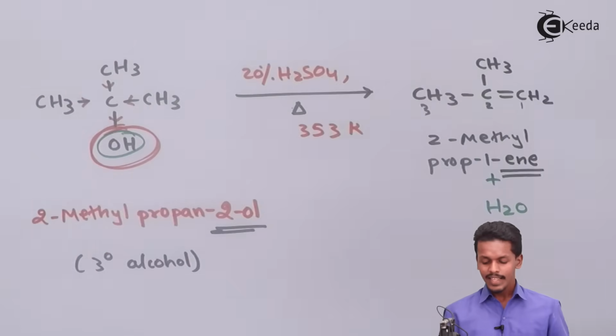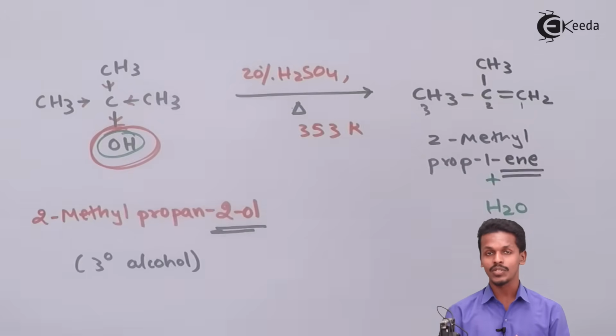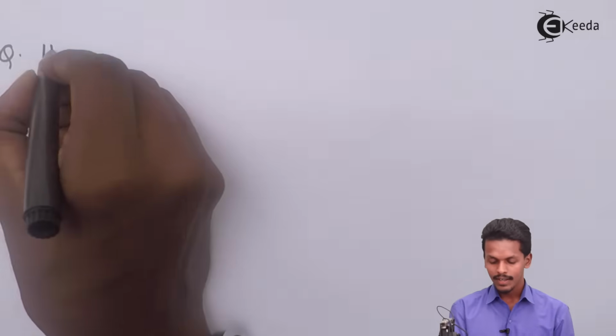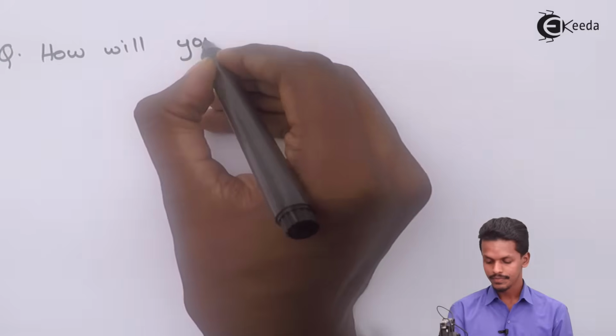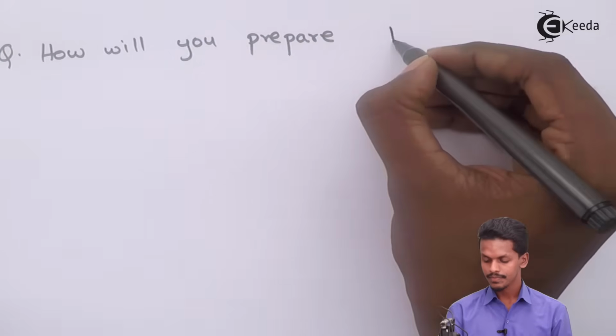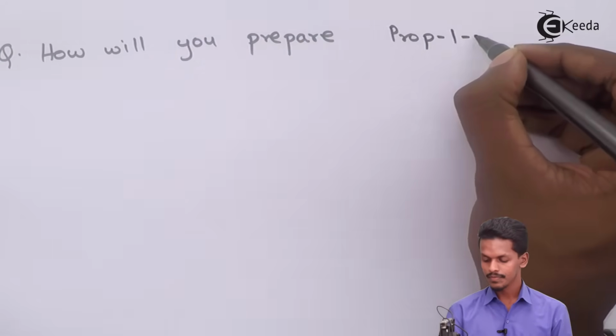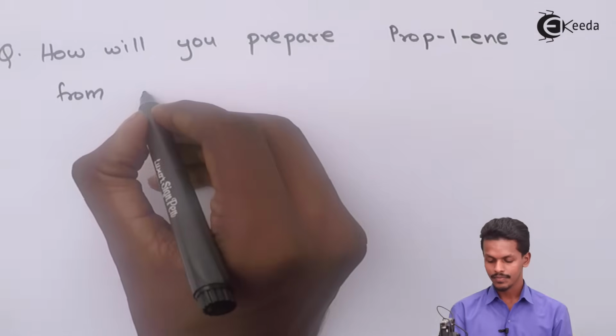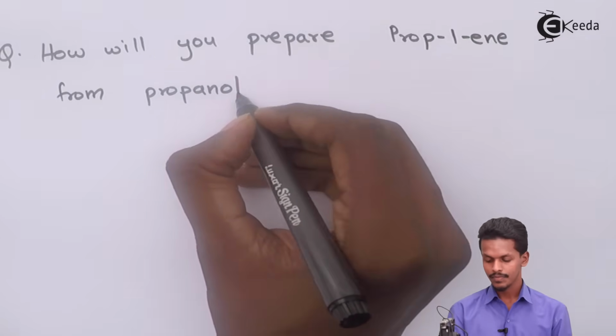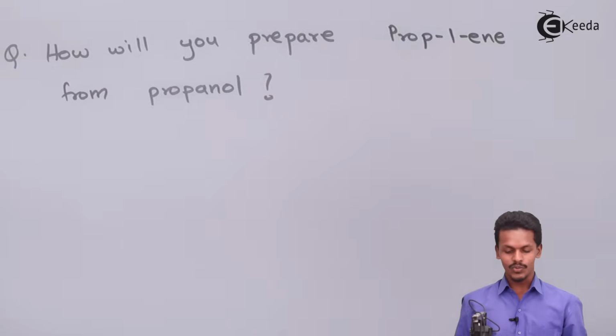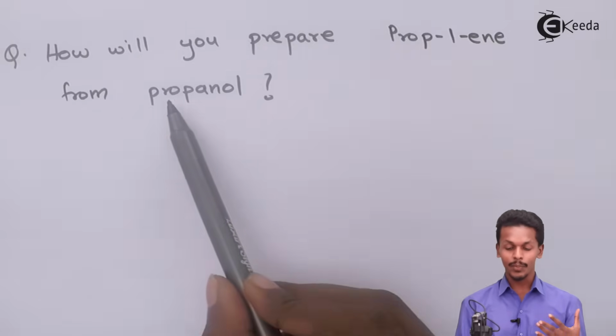So these were a few examples that I have talked about for the dehydration process, or how we can prepare an alkene from an alcohol. So what kind of question might they ask? Suppose we have a question like this one: how will you prepare prop-1-ene from propanol?